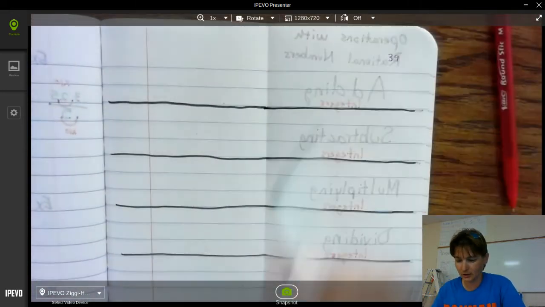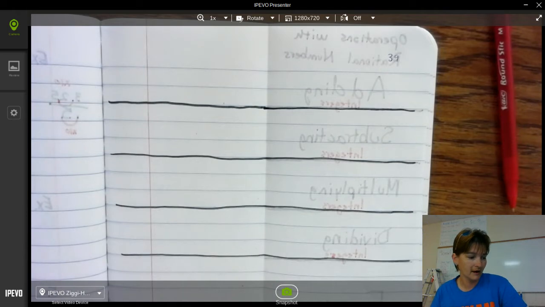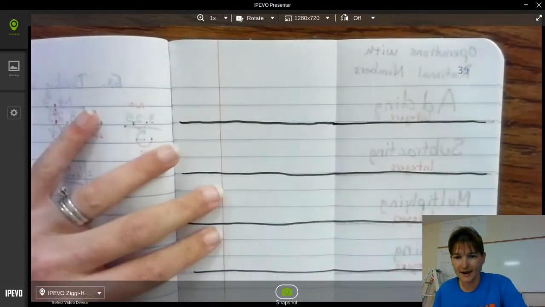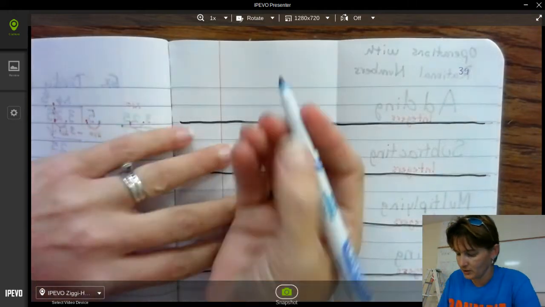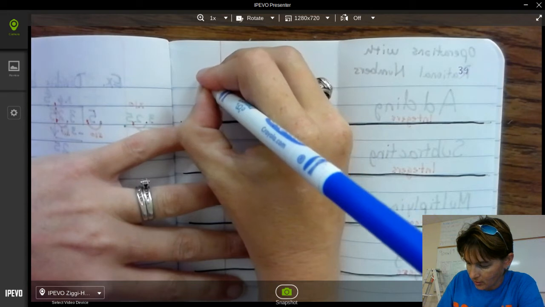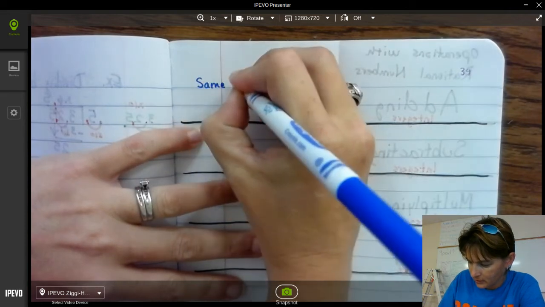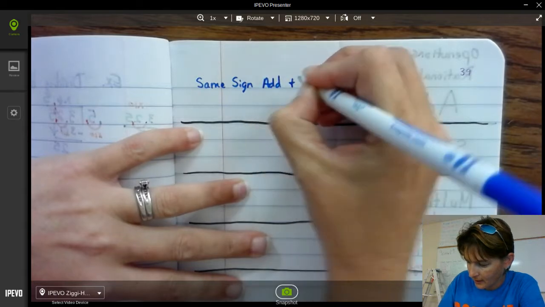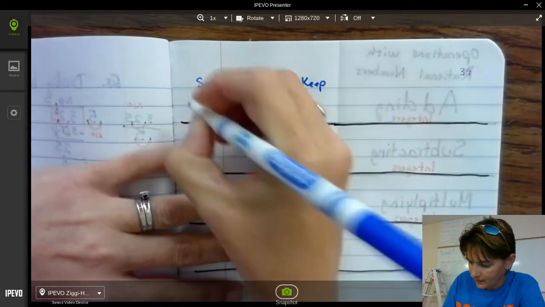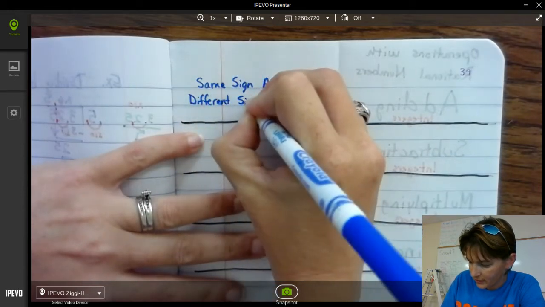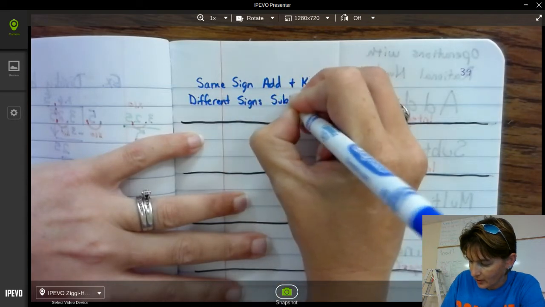All right, so let's start talking about adding. When we talked about adding integers, we learned our row your boat, which is same sign, add and keep, different signs, subtract. So we're going to go ahead and write that in this space here. All right, and we are same sign, add and keep, different signs, subtract.